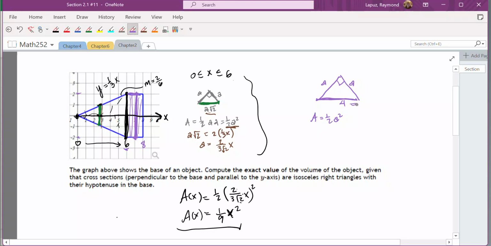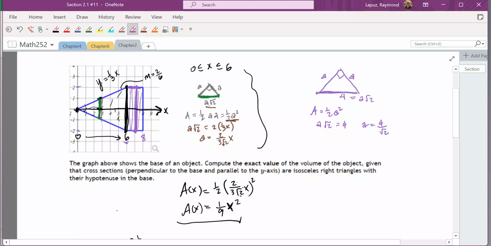So this is going to be a squared of 2, so a squared of 2 is equal to 4, or we can write a is equal to 4 over square root of 2. Now that we have that, we can put it back into this equation. A of x in this scenario is going to be equal to 1/2 times a squared, and a was equal to 4 divided by square root of 2 quantity squared.